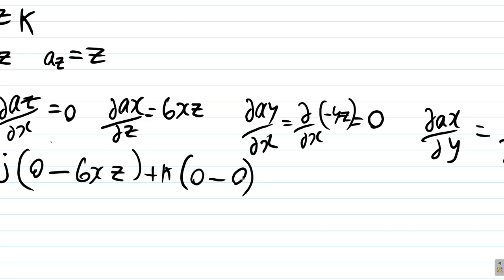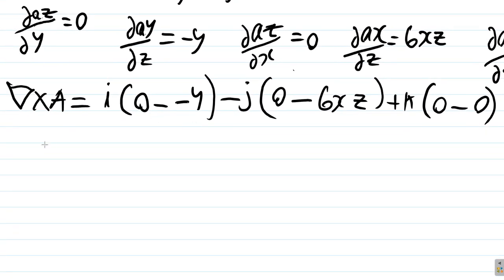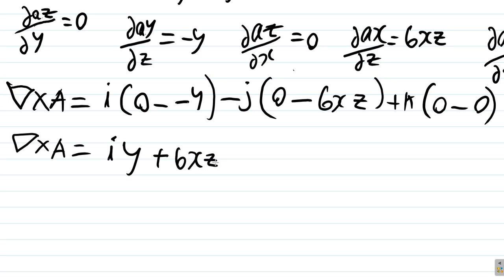All right, so what's going to happen here now is that you have nabla cross A, the curl, is equal to, well, it looks like it's going to be y i plus 6xz j.